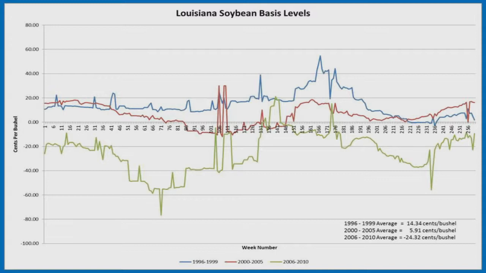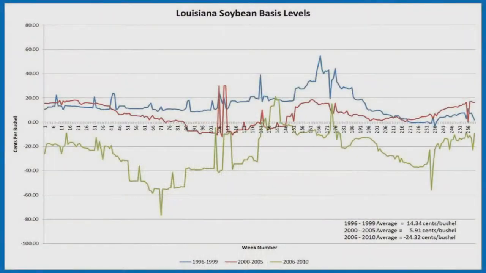As we get closer to harvest, we have a little bit better understanding of where prices need to be, where futures prices and cash prices start to converge to each other, and we start to see historically an appreciation or improvement in basis levels as we get to harvest. That will happen for about a month or so, and as we get away from harvest, we tend to see basis levels start to decline a little bit.